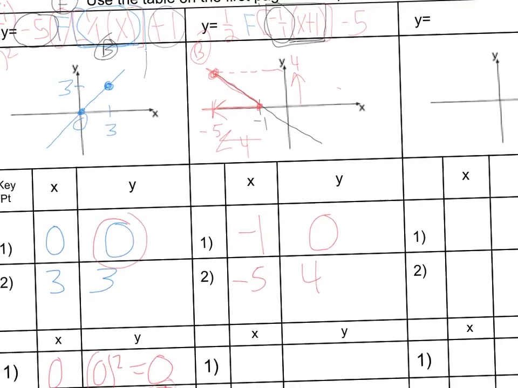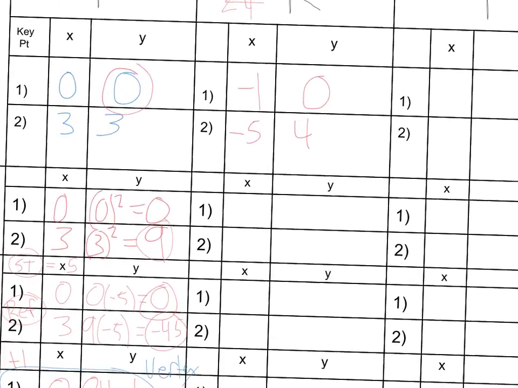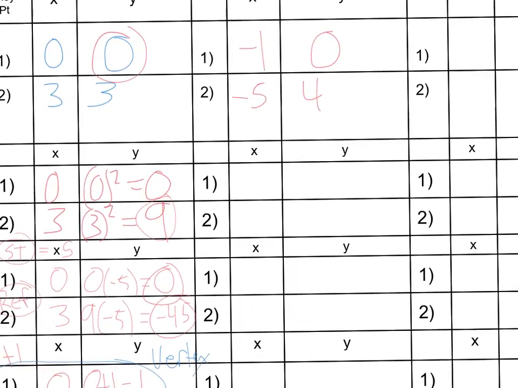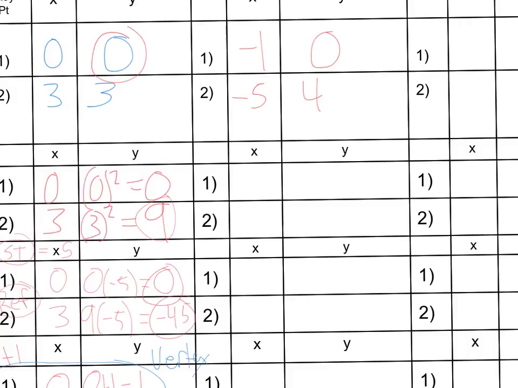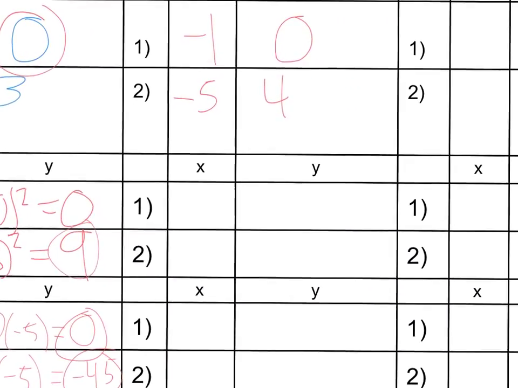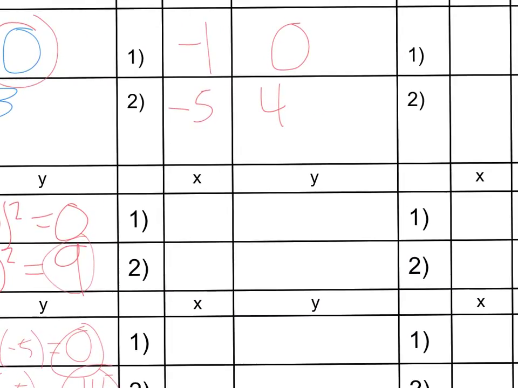Now let's apply the rule f. In our case, the rule f is square root, and that applies to the y values. The x values -1 and -5 will not change. The square root of 0 is 0. The square root of 4 is 2.